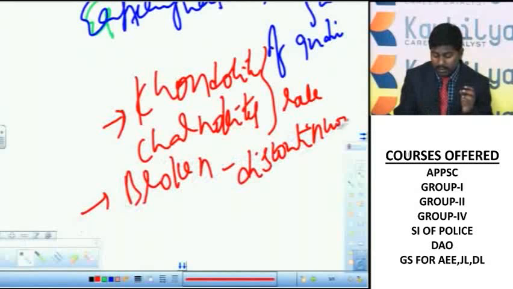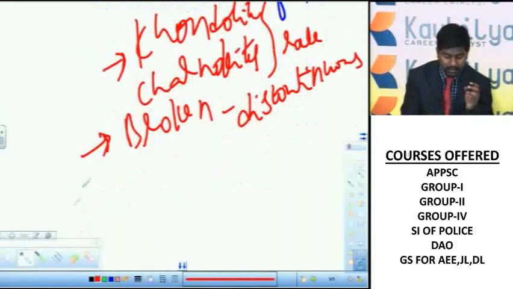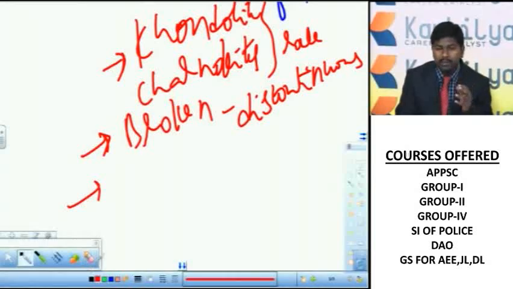These charnockite and khondalite rock deposits are known for uranium, or nuclear fuels. These broken hills are located in different districts of Andhra Pradesh, right from Visakhapatnam up to the Nellore and Chittoor districts, the southernmost part.